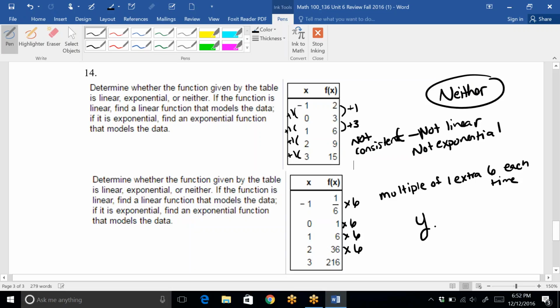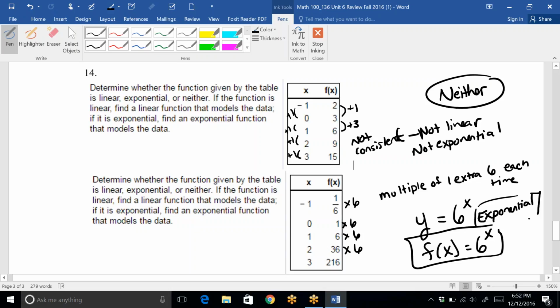So that means that this is the function y equals 6 to the x, or if you want to put it in function notation, that would be the function, and that would be exponential. So exponentials always have the same multiple over and over again.